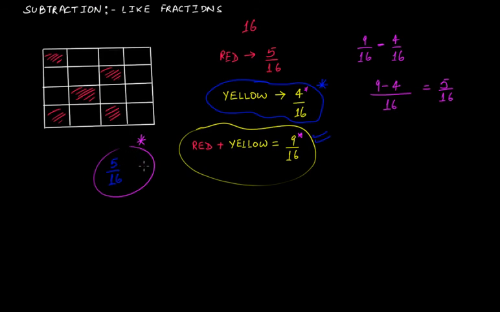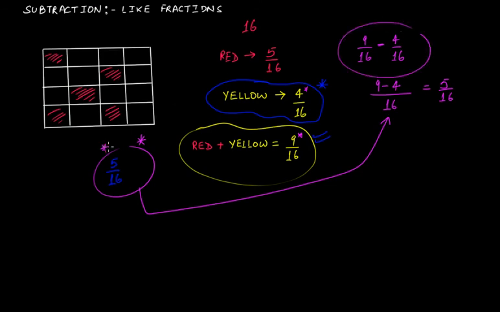So clearly if we relate these two, then we can say that the steps we have to follow in subtraction, as in the case of addition, are first, write the denominator as it is. In this case the denominator is 16, so write it as it is.